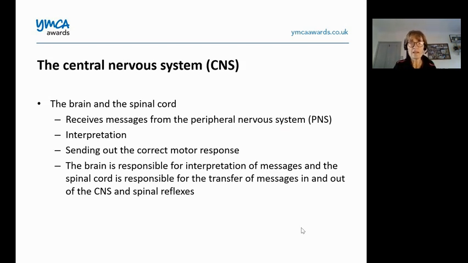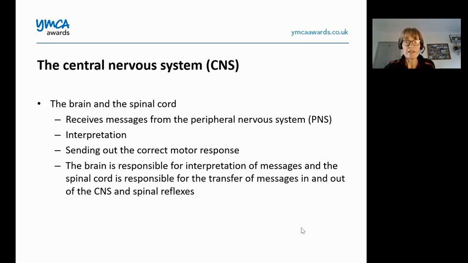So our brain and our spinal cord, so we get messages coming to our brain and spinal cord from our peripheral nervous system. And this is really an interpretation center. So this is where all the interpretation of messages and then the sending out of the correct motor response occurs.